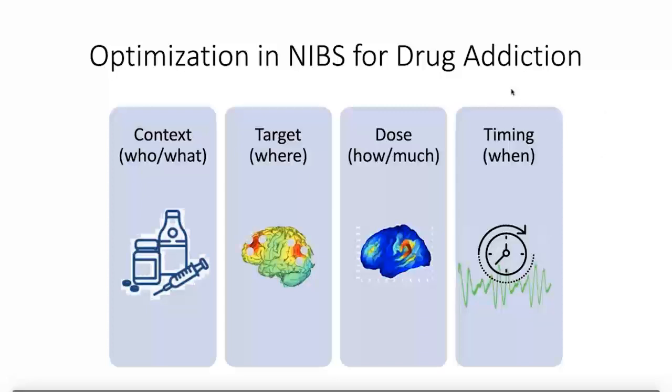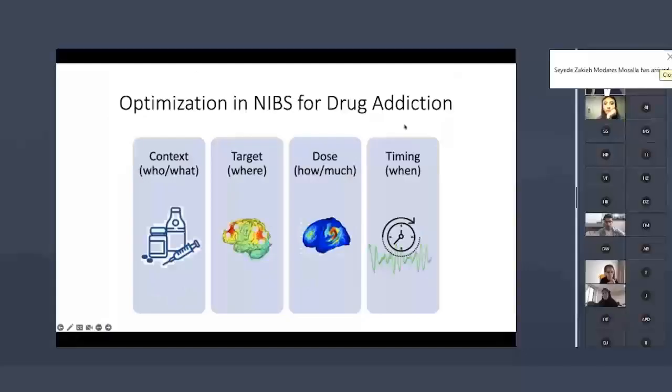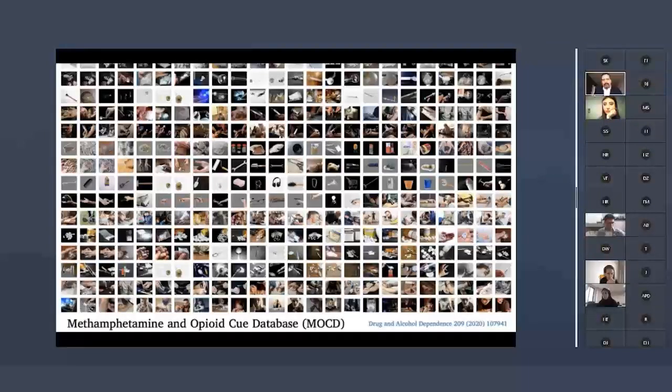Okay, good. So talking about these dimensions, we have the contextual dimension of optimization, and one of the contextual issues is how we can provide people with a context that is related to their substance of use. We know that drug use cues could be one of the potential sources for optimization at the contextual level.